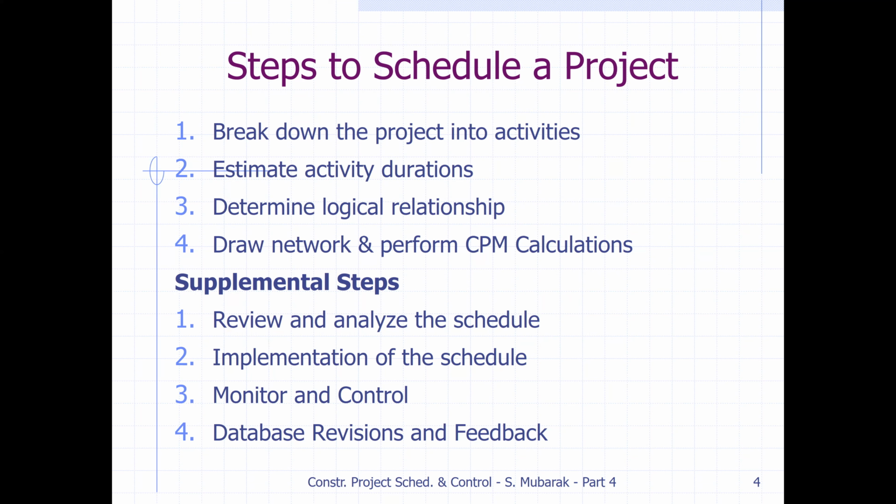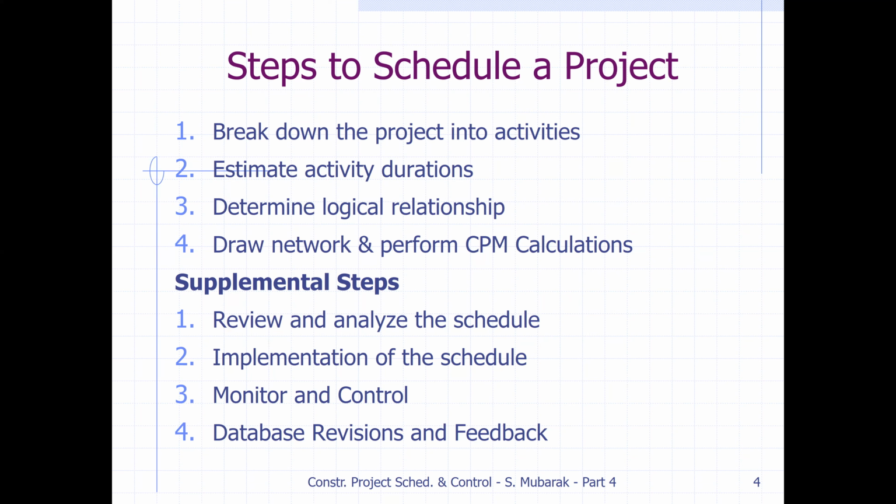CPM calculations mean we will find early start, early finish, late start, late finish, total float and free float, and then we draw the critical path in the network schedule. Then the supplementary steps: review and analyze the schedule, and implementation of the schedule.